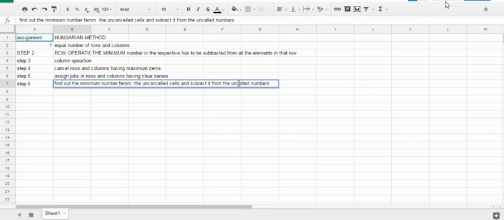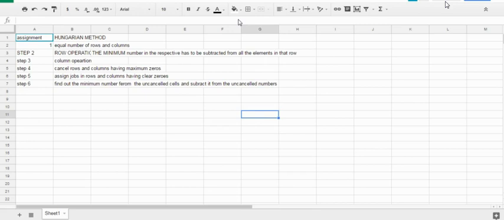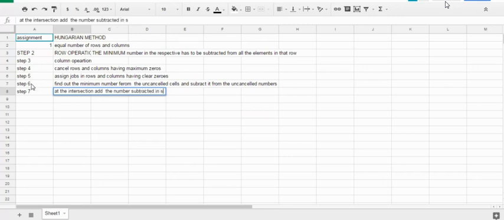The subtraction has to be done only from the uncancelled numbers. Nothing has to be done to the cancelled numbers. Only one thing has to be done to the cancelled numbers, and what is that? At the intersection, add the number subtracted in step 6. Okay, so at the intersection, add the number subtracted in step 6. That has to be done.